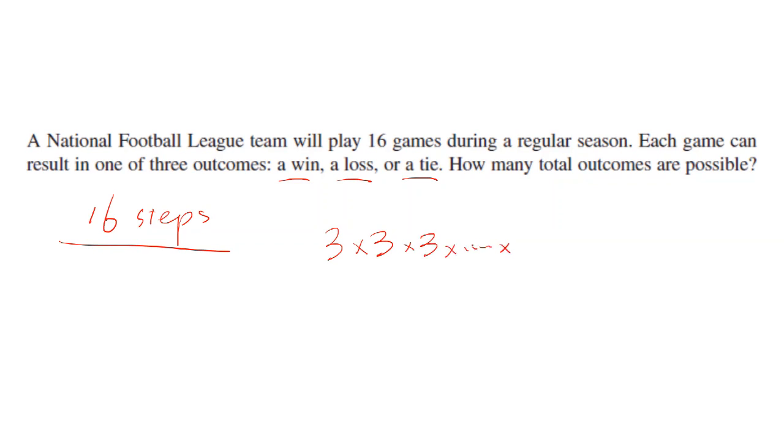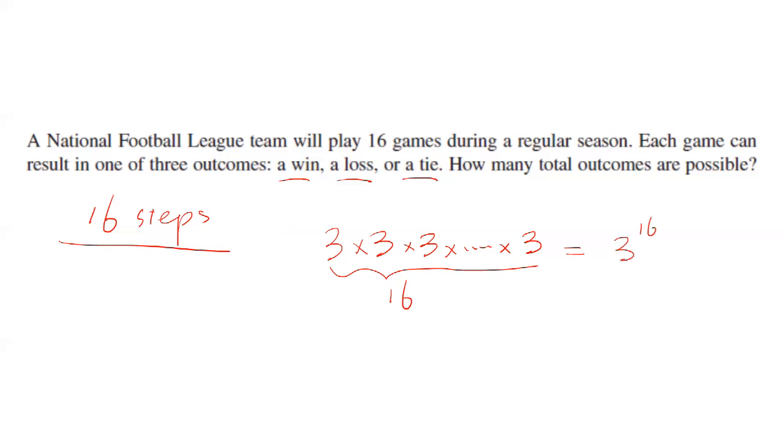You can multiply all these numbers together, right? And the last step, which is the 16th step, we still have 3 different ways, right? So there are 16 3s that are multiplied together, which means the total number of outcomes is 3 to the 16th power, right?